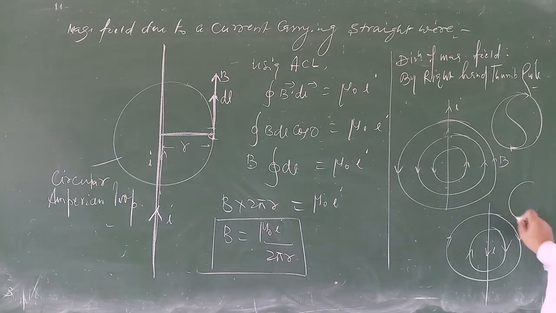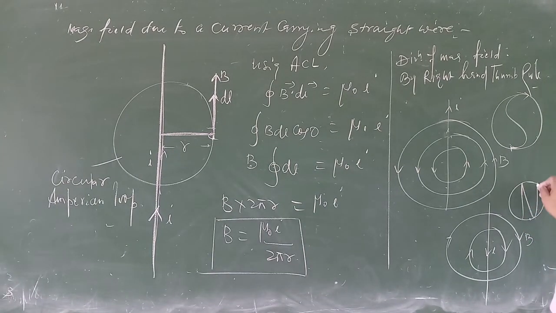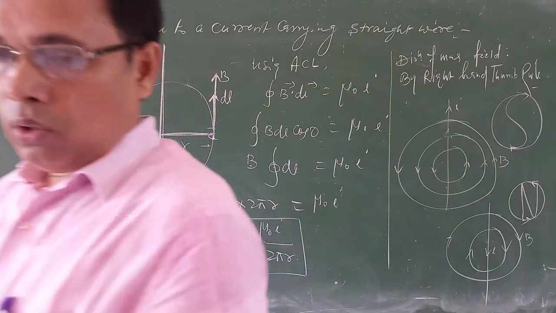So a loop behaves like a pole, south pole and north pole. If the current is flowing in clockwise direction, then this loop behaves like a south pole. If the current is flowing in anti-clockwise direction, then the loop behaves like a north pole. So note this down.